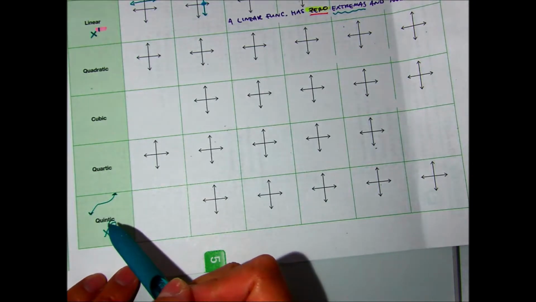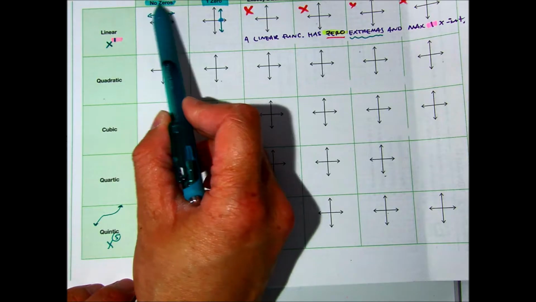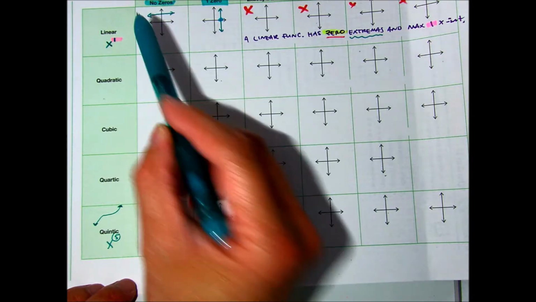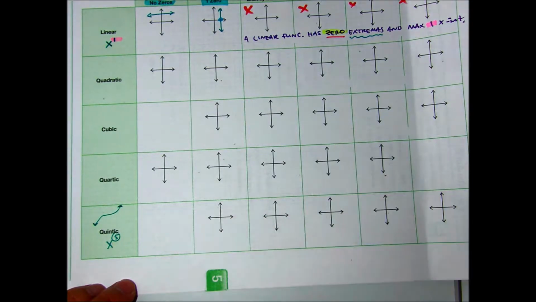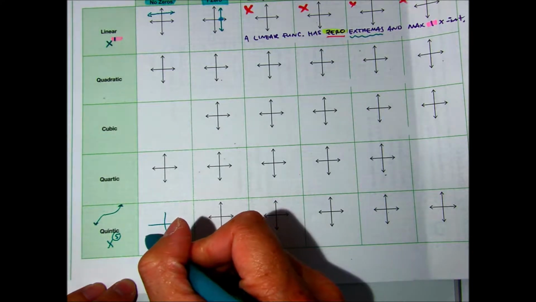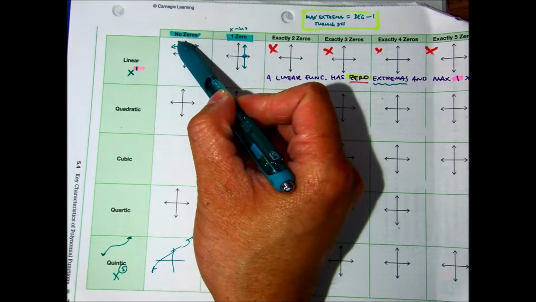Question. If it has exactly 0 or no zeros, no x-intercepts, can I even draw a graph? What's going to happen? It must cross the graph. But this is saying draw a picture where it does not.